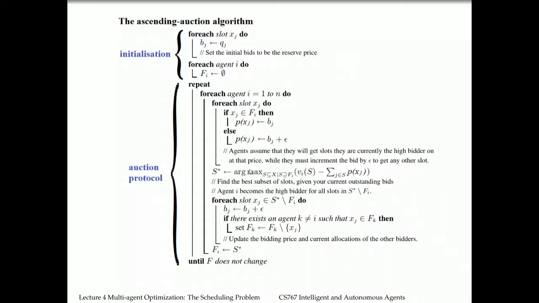And then the agent, so this is actually quite an expensive operation, because you need to identify the bundle of time slots which gives the maximum utility, right? Remember the subtraction in this bracket expresses the utility of agent i.